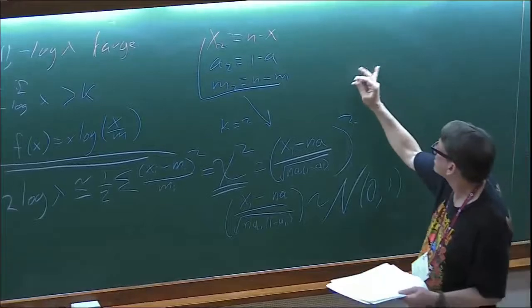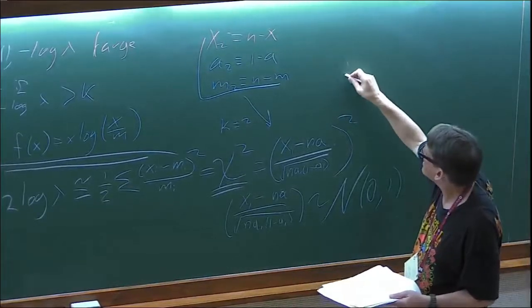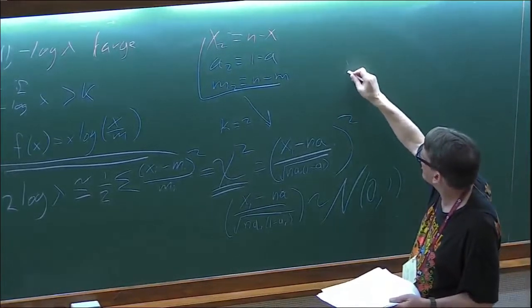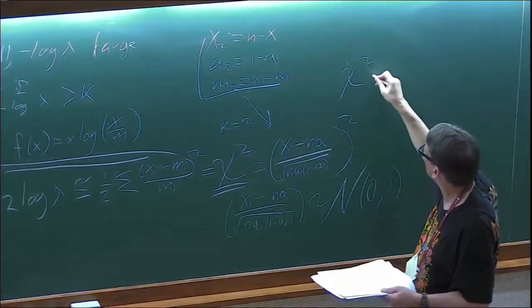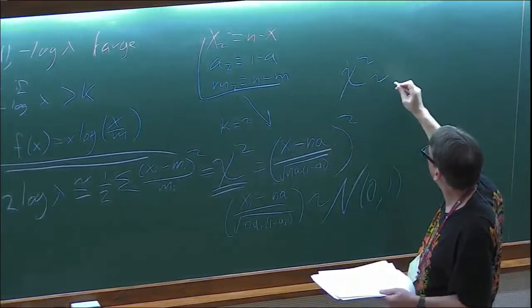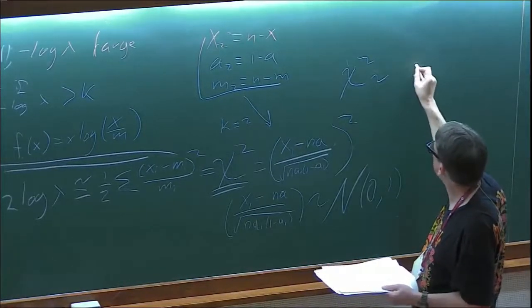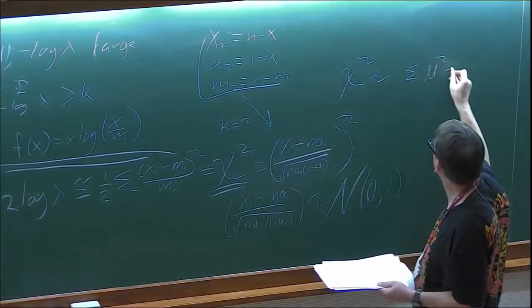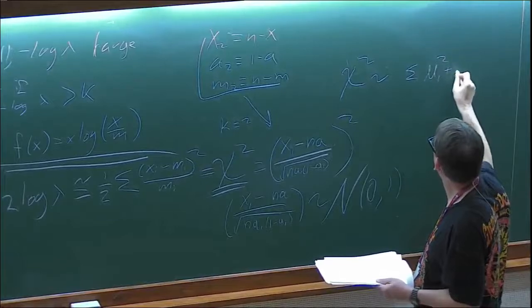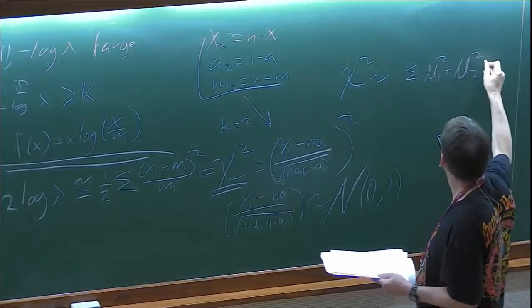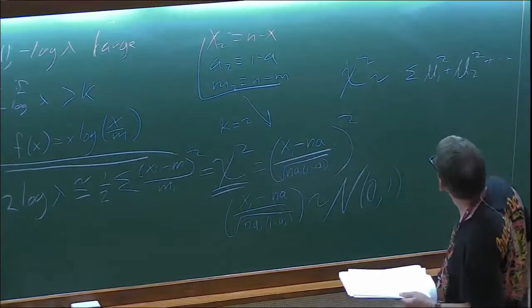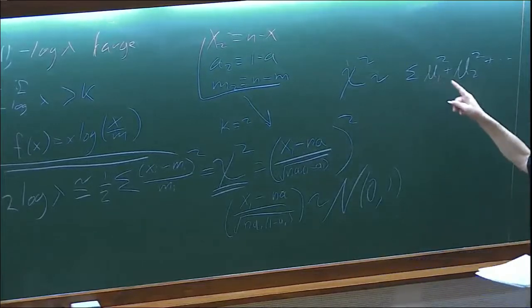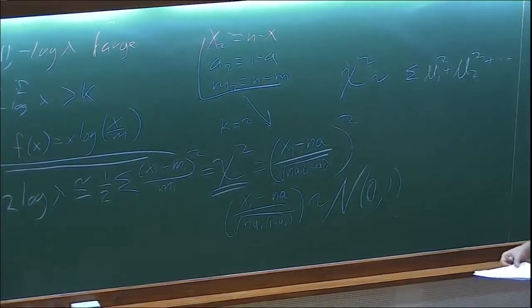So this is how we get the fact that chi-squared is distributed as the sum of the squares of a bunch of normal random variables.